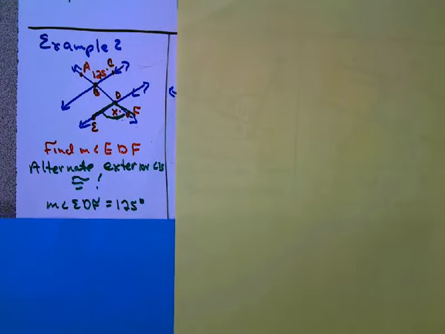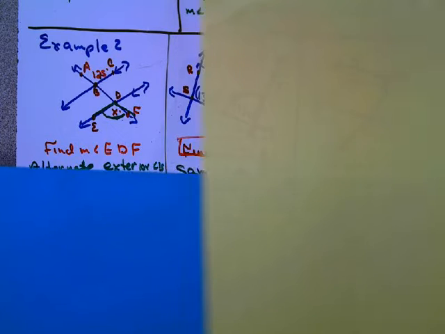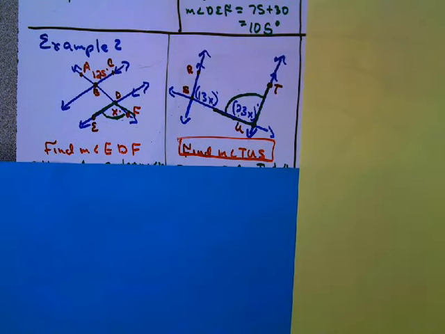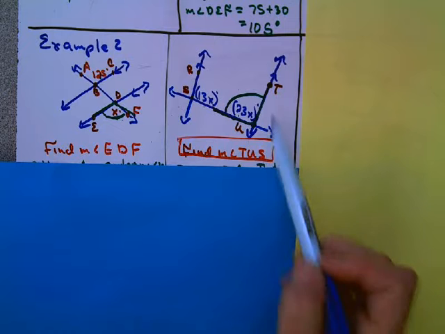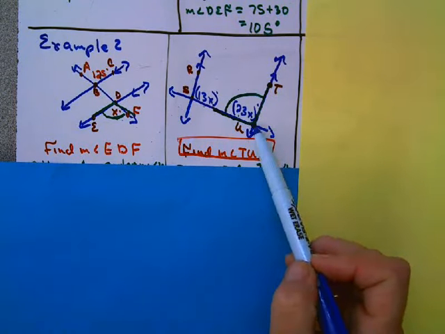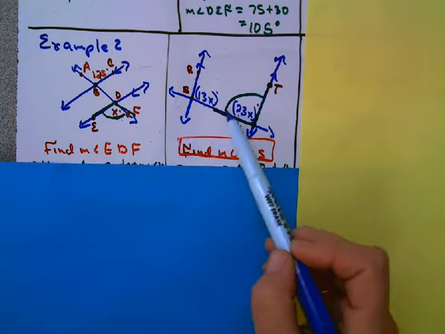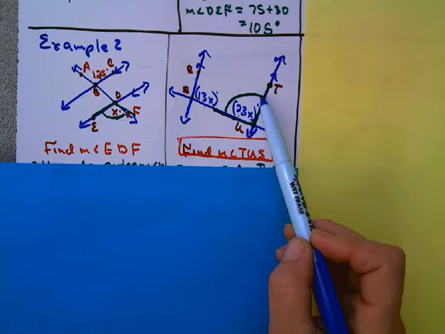This next example, we're going to find the measure of angle TUS. So that's right here. I'm given two angles that are interior angles, and they're on the same side of the transversal.